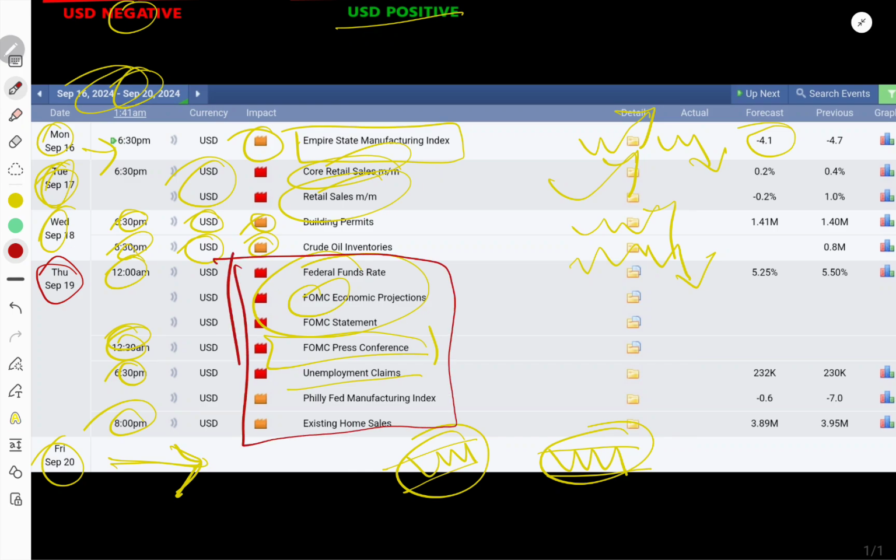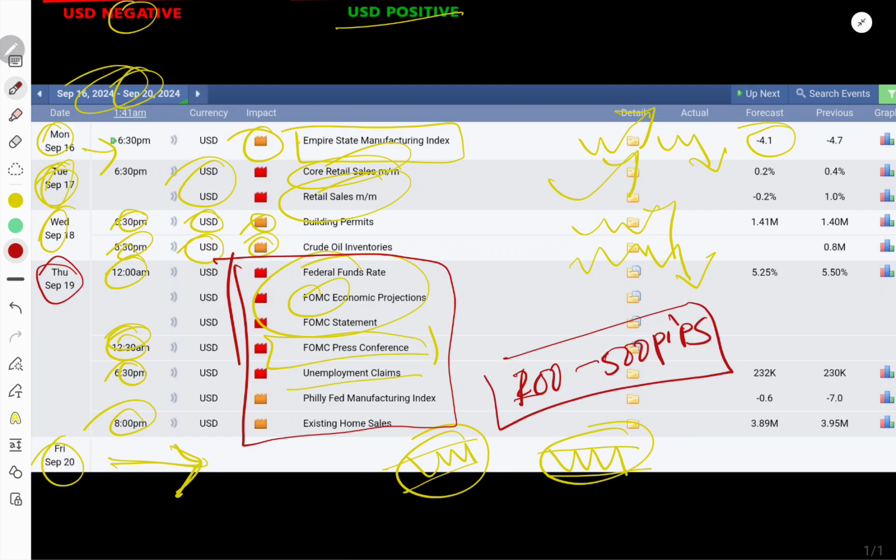We have to pay our attention to this day. The market can move 100 to 500 pips, so you can get a separate account ready for this day's trade or for news trade. We will discuss risk management and other things later.